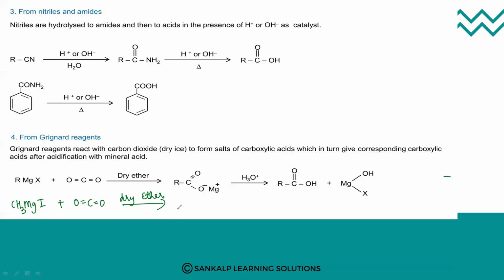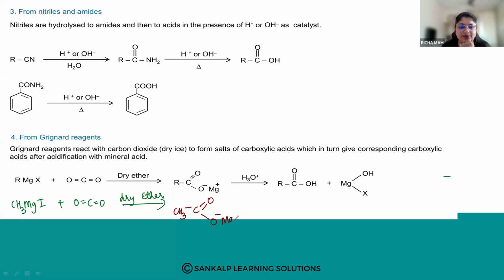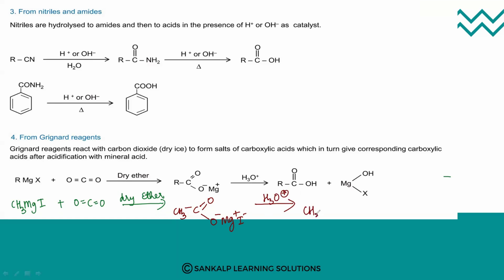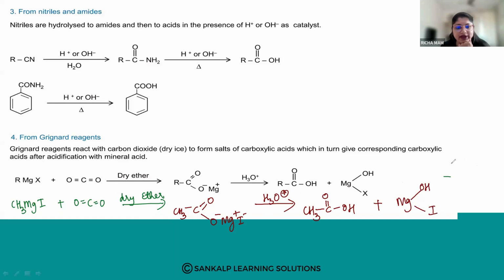CH3 C double bond O, single bond O minus Mg plus I. Then further hydrolysis will give you CH3 C double bond O OH plus MgI(OH). Very good.